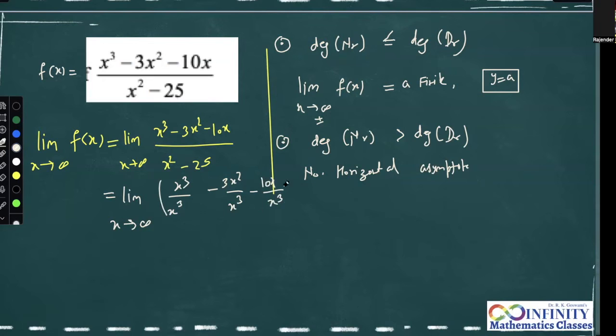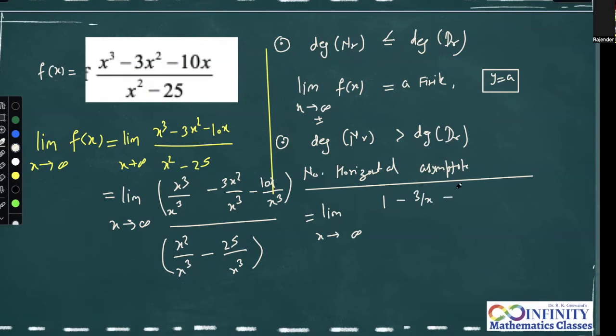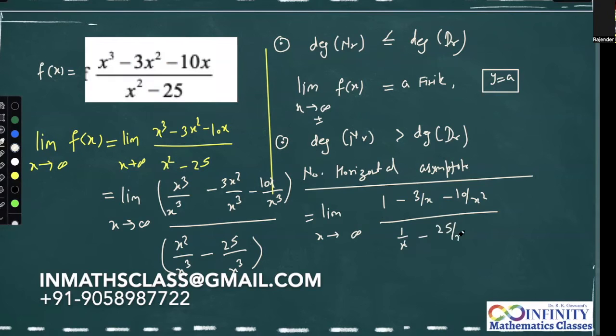Do you agree with what I'm doing? Dividing each term, I write x square by x cube minus 25 divided by x cube, and cancel out the terms. Limit x tends to infinity of 1 minus 3 over x minus 10 over x square, divided by 1 over x minus 25 over x cube.